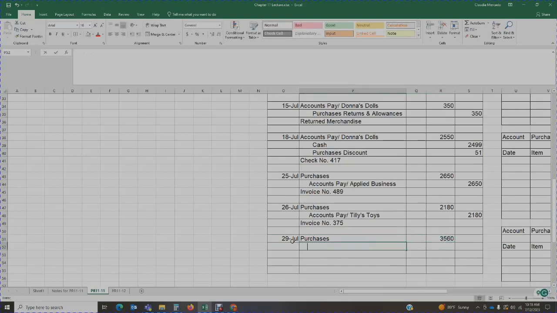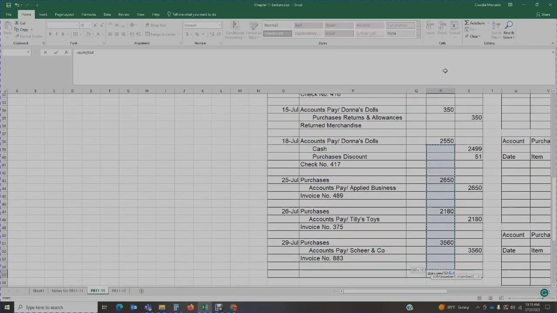And if it's on account, we're going to credit accounts payable. And this is for Shear and Company, for 3560. And then this is invoice number 883.